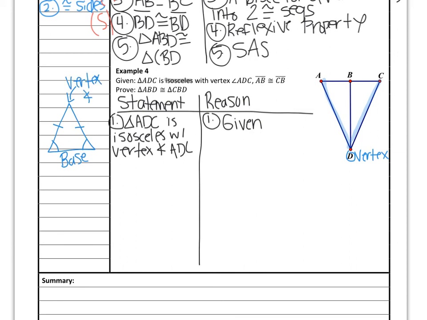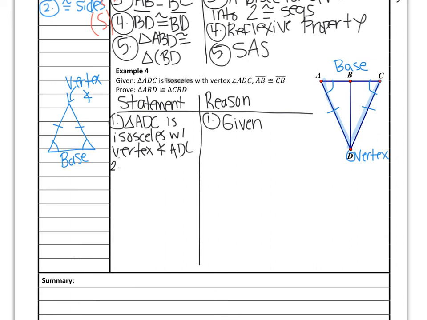So in this picture over here, our vertex angle is angle D, or ADC, which means that we can draw a conclusion that this side right here would then be the base, and AD would then be congruent to DC, and angle A would be congruent to angle C, because those would be your two congruent base angles.